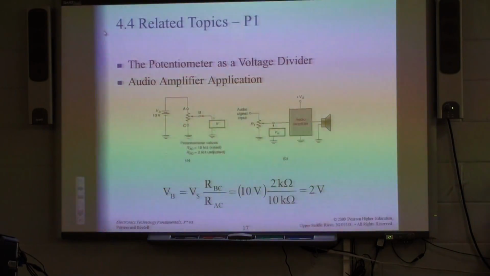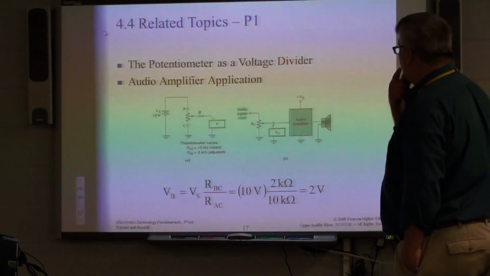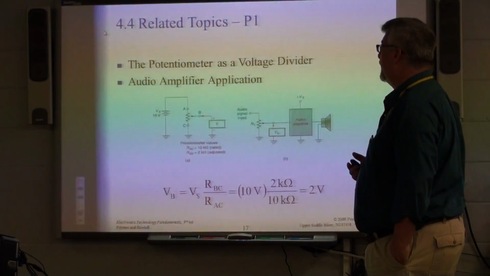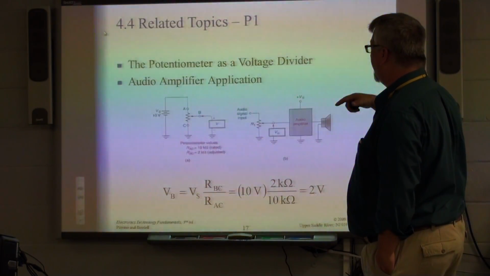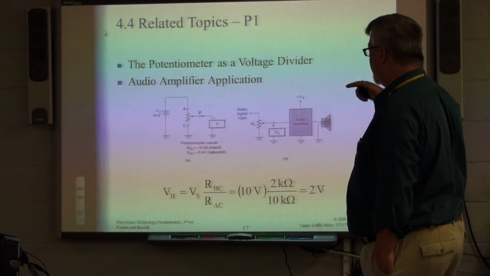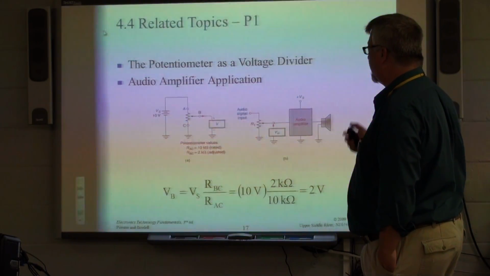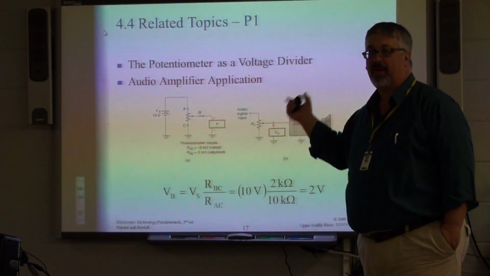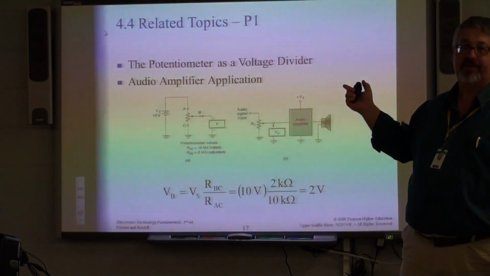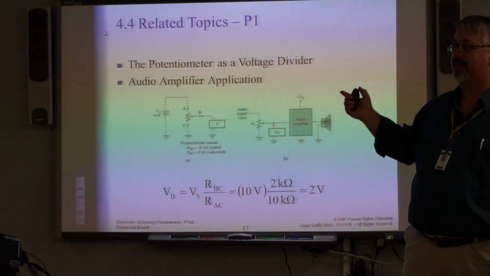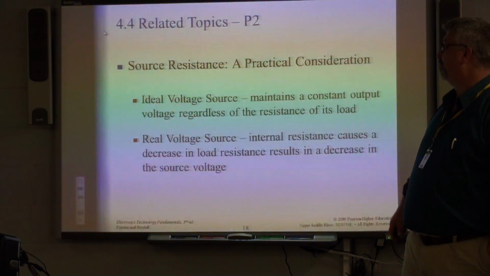Probably won't get into voltage dividers much, but what they basically do is, by being able to tap into a resistance, we're able to divide voltages up, and that gets into parallel circuits. I'm not even sure why they threw this into series circuits, so we'll skip that for right now.